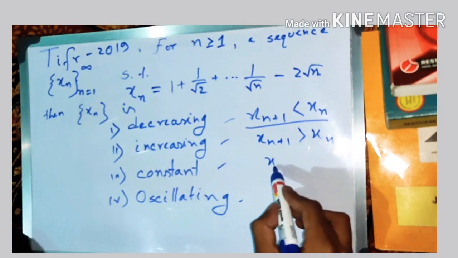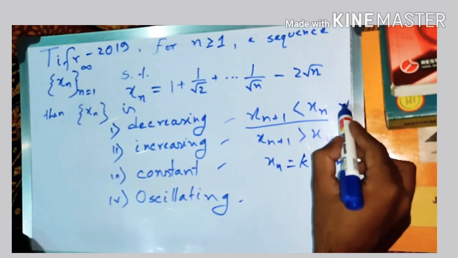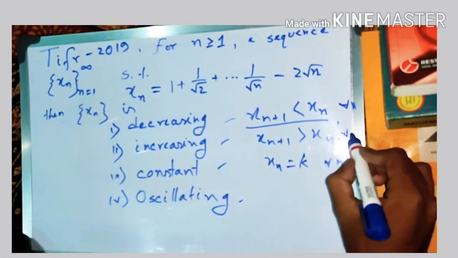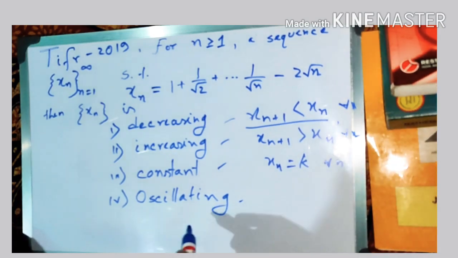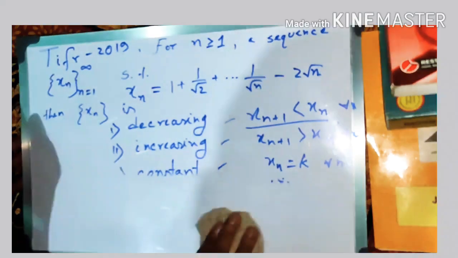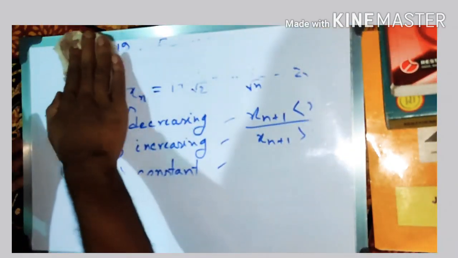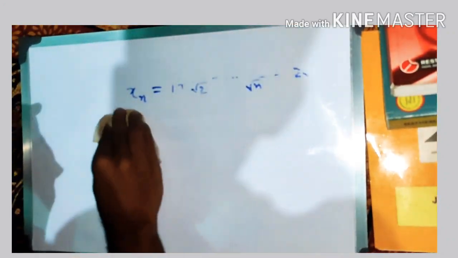For constant, xn equals some k for all n. For oscillating, there must be an oscillation. Now let's check the sequence.